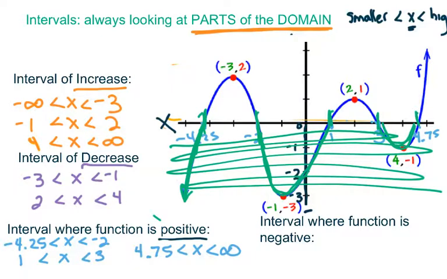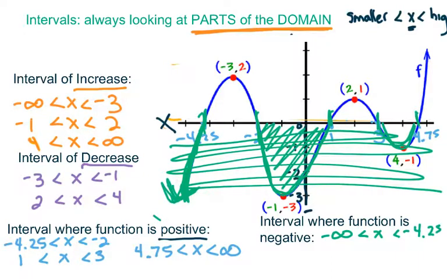So this piece right here is -infinity less than x less than -4.25, because this is the far left and it hits the x-axis at -4.25. Then this piece here is -2 less than x less than +1. And this piece here is 3 less than x less than 4.75.